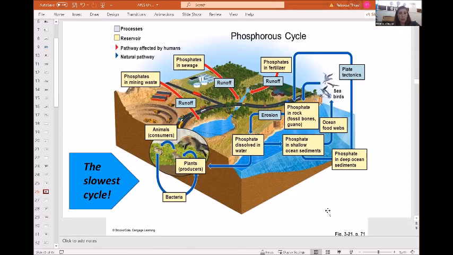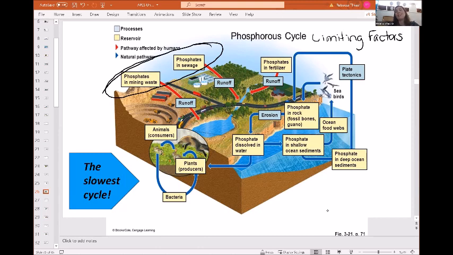So, the phosphorus cycle. The most important thing that will happen here for human impact is, of course, our use of phosphates. Remember I talked about limiting factors? Abiotic factors are typically limiting, meaning that a plant or algae or bacteria that's a producer cannot grow past the amount of this one limiting nutrient.